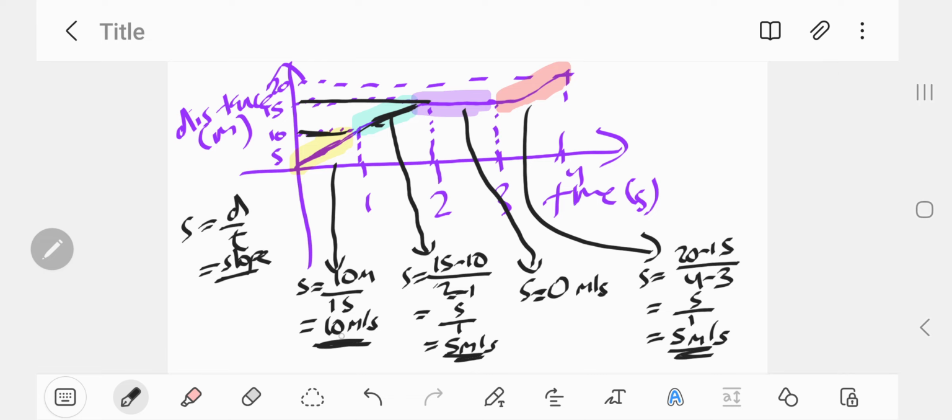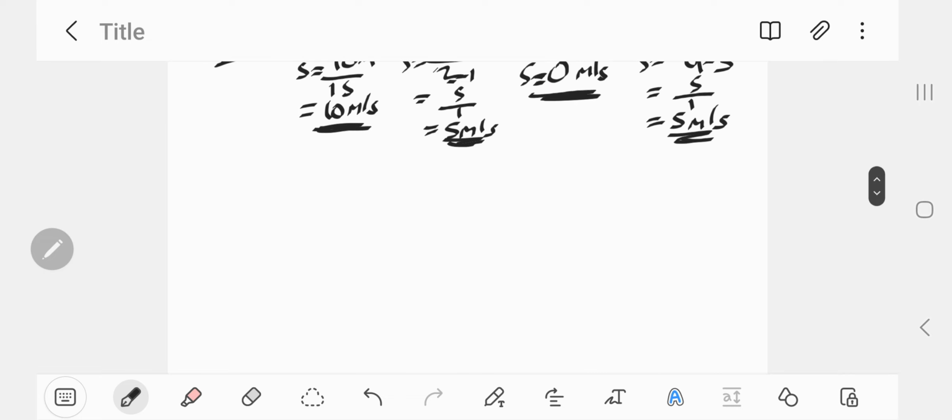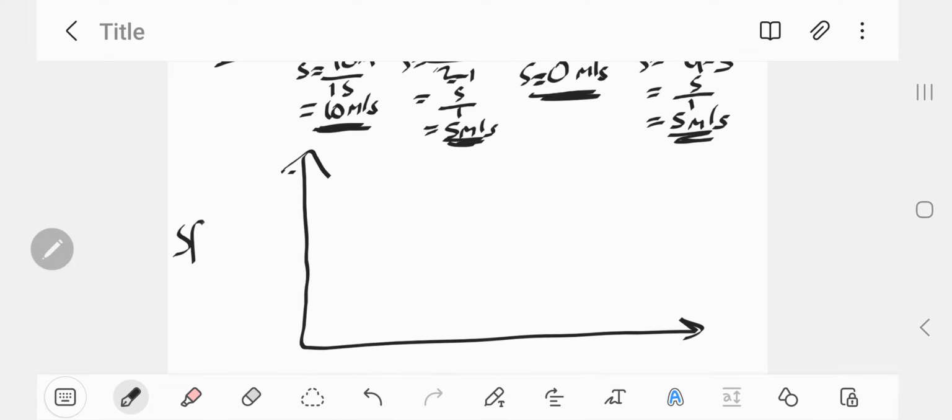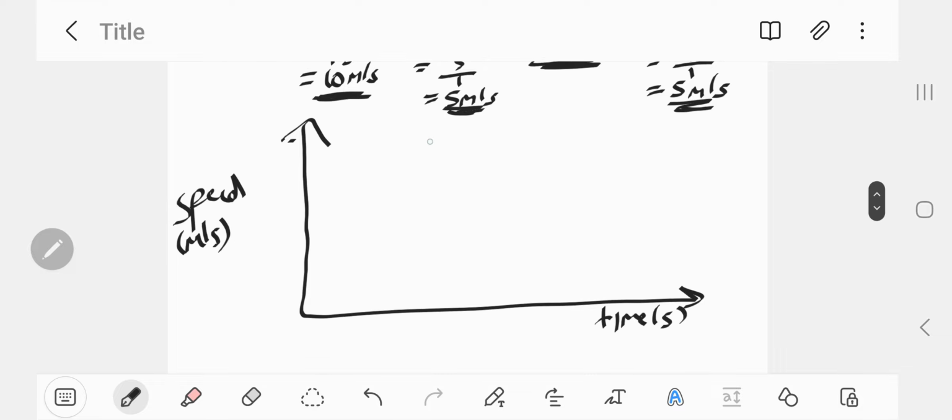So we really have everything we need to make a speed time graph, and I'm going to show you how this is done. What you do is draw a graph like this. Let's have speed up here. We're going to use meters per second. Make sure to label your graphs with the units. Let's call this speed time graph.